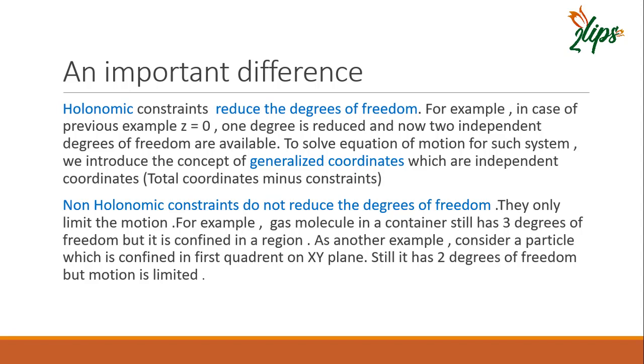If you slide it, it can slide on this plane, but it cannot go beyond the edge. So this was the difference between holonomic and non-holonomic constraints on the basis of degrees of freedom, and we have seen that to reduce the holonomic constraints and to solve the equation of motion, we use generalized coordinates. For non-holonomic constraints, other methods are used.